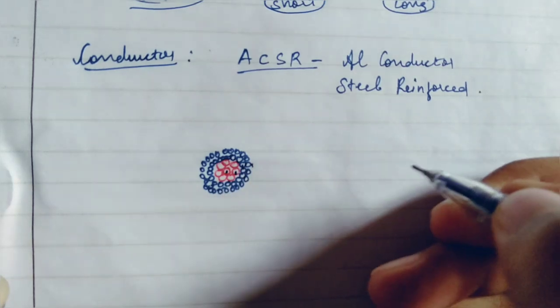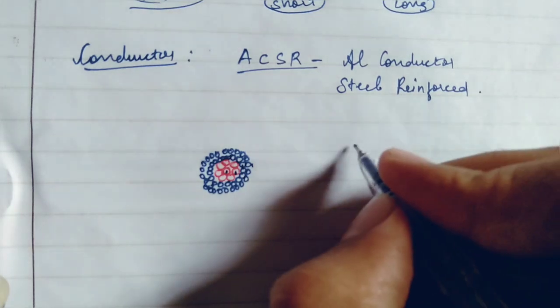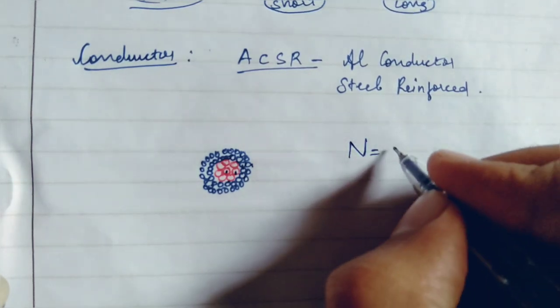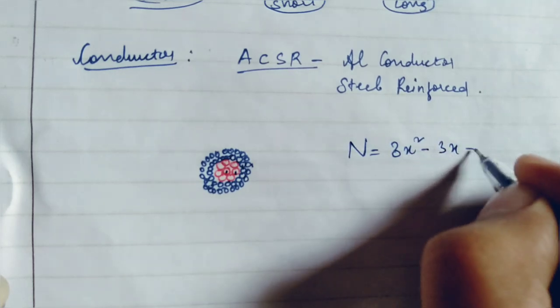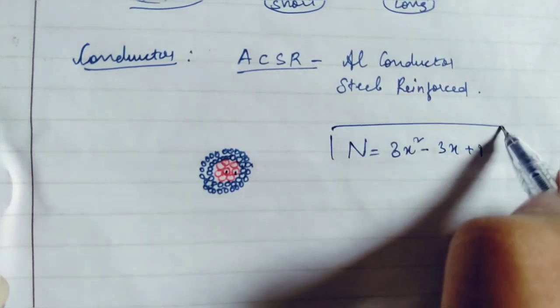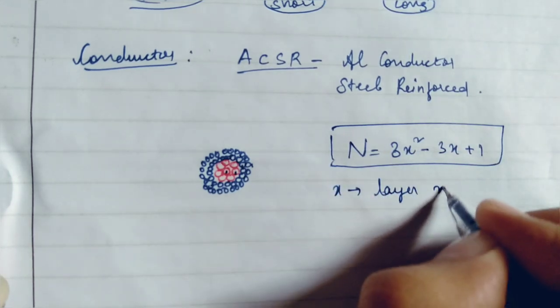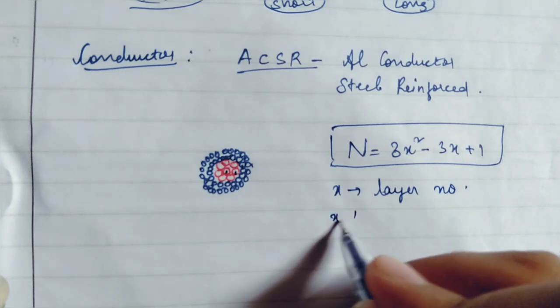So we will find the number of conductors in each layer in one formula, that is number of strands or conductors is equal to 3x square minus 3x plus 1. Here x stands for layer number. Suppose the layer number is first layer, x is equal to 1.